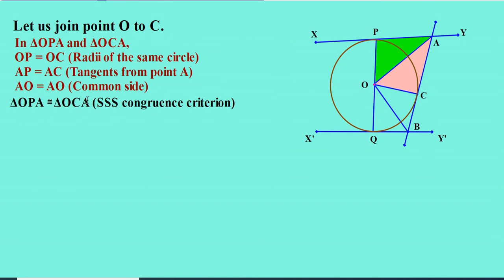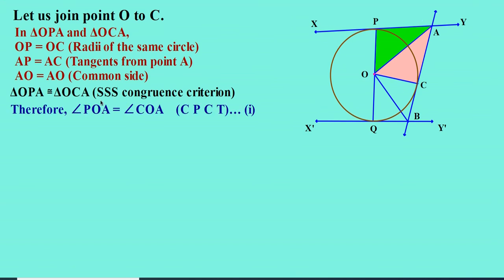If two triangles are congruent, its corresponding angles are equal. Therefore angle POA is equal to angle COA, because corresponding parts of congruent triangles. Take this as equation 1.